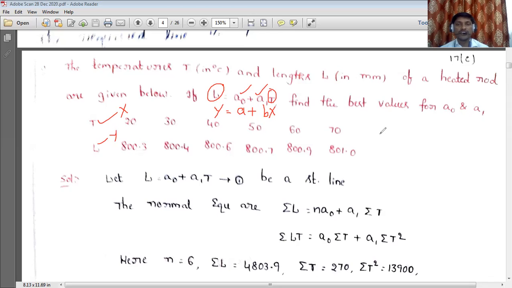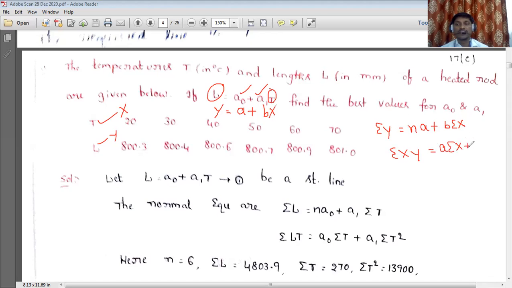So simply what we have to write in summation. Generally the normal equations are: summation y is equal to na plus b summation x. This is the first normal equation, right? And the next normal equation is summation xy is equal to a summation x plus b summation x square.